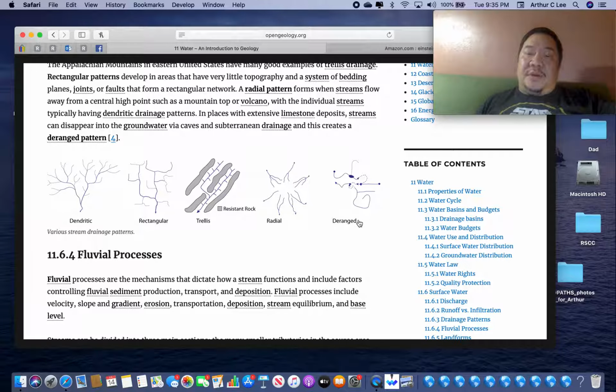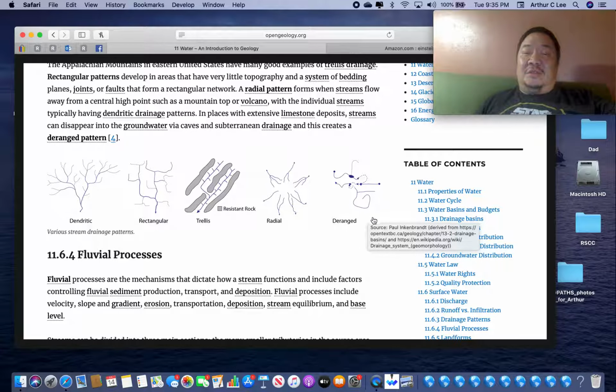We also get this drainage pattern here in Tennessee where the creeks flow and they change direction. Sometimes they just disappear into the earth. It's called a disappearing stream. They seem to follow no pattern. There's no rhyme or reason for the direction in which the creeks flow. Now, this occurs where you have limestones, because when you have limestone, like we have here in Tennessee, karst topography, sometimes the creeks are going to just disappear into the earth.